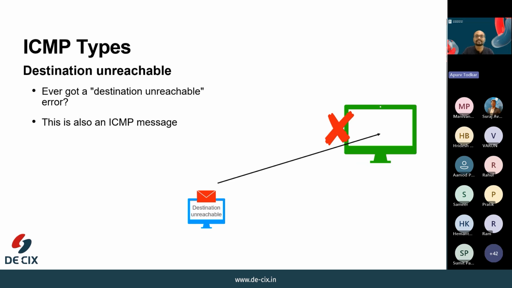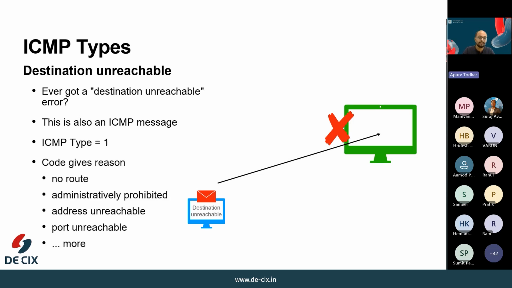Unlike the time exceeded message, which is typically generated by intermediate routers, a destination unreachable message is usually generated by the target system or a firewall, indicating that the packet could not reach the destination. So here, the ICMP type is 1 and the destination unreachable message is generated over here.